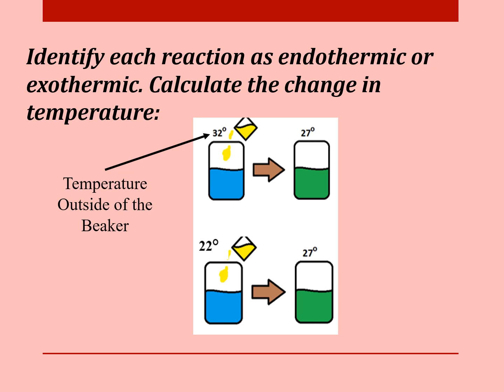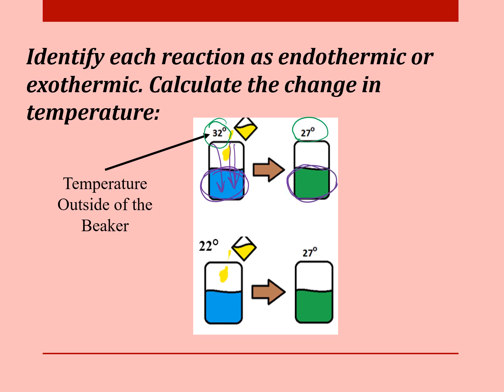Identify each reaction as endothermic or exothermic, and we have to calculate the change in temperature. If this is the outside temperature, and it goes from 32 to 27, where did that heat go? Did it go into it or out of it? Well, in order for the temperature on the outside to go down, my energy needs to go away into the system. So the outside changed by 5 degrees, but the reaction that I care about is the one in the beaker.